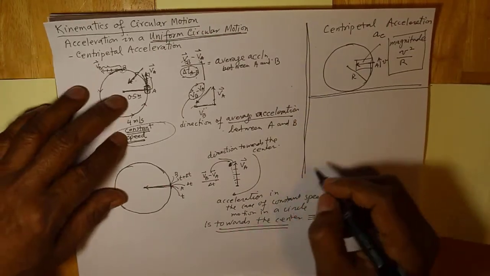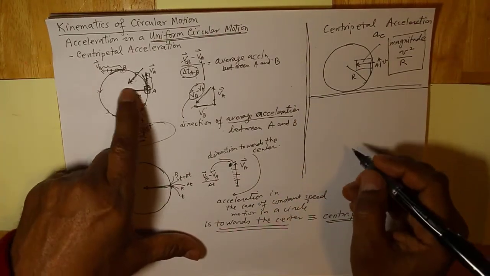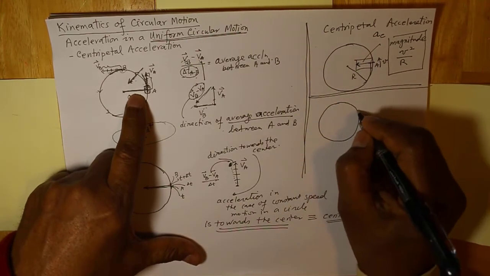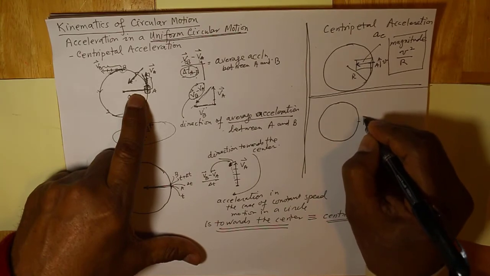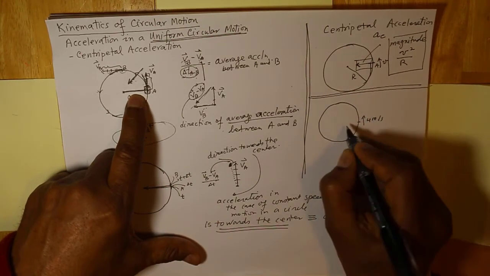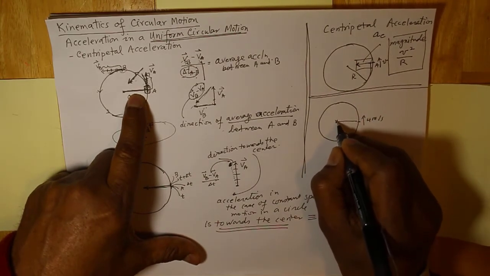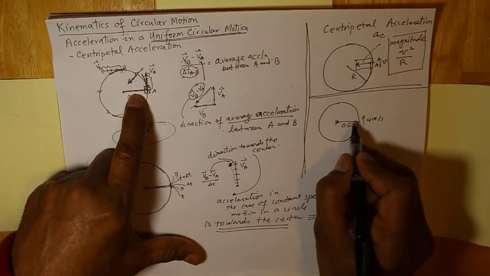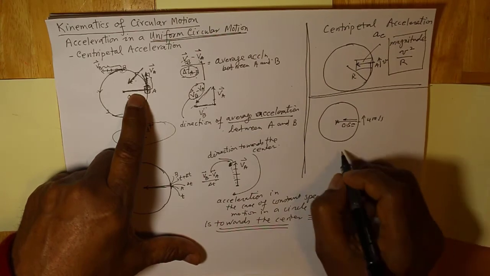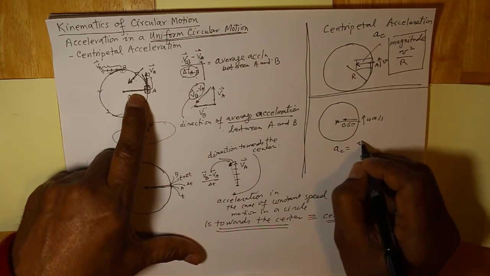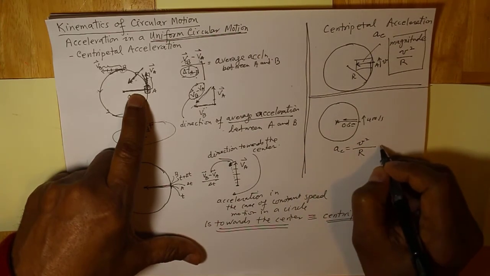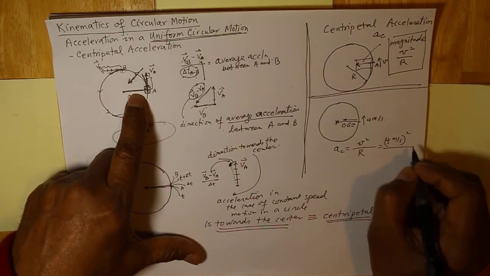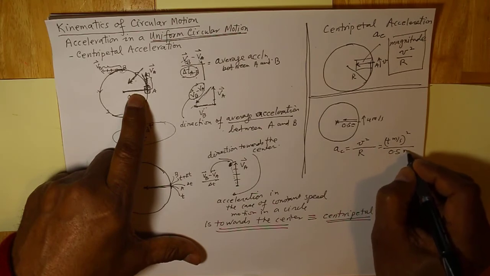So let's look numerically at what we would have gotten over here. This thing was going at 4 meters per second, and it was half a meter from the center. In this case, the direction of acceleration is just that way, and the magnitude is v squared over r, which is 4 meters per second squared over r, which was 0.5 meter.